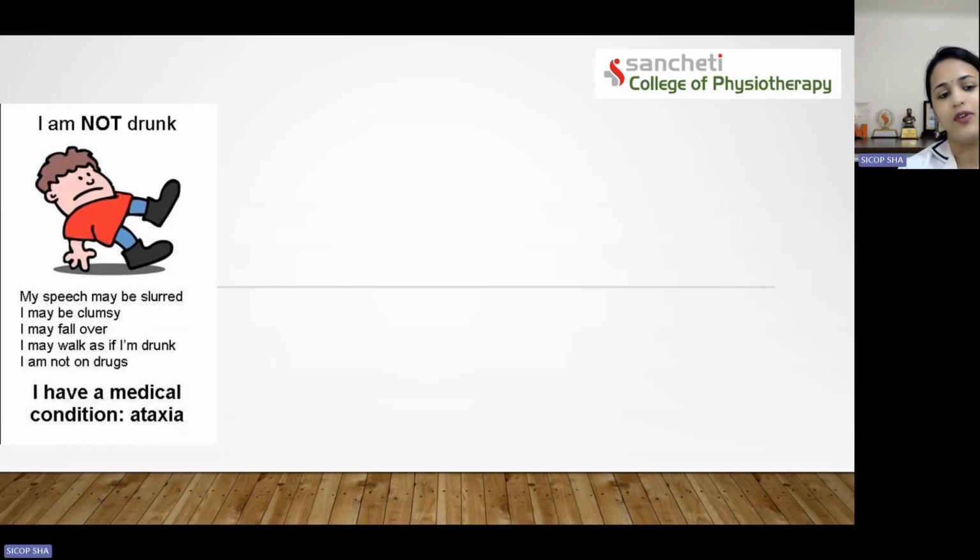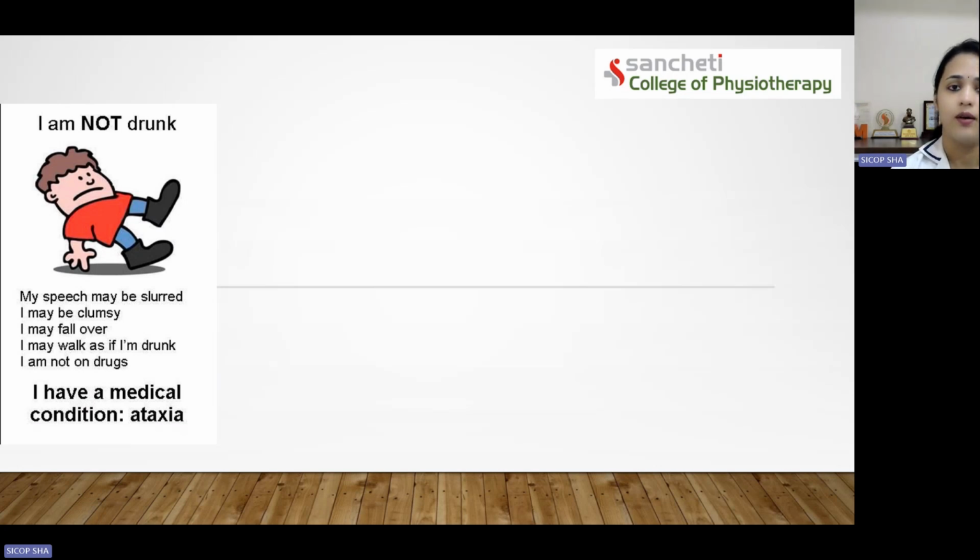For our help today, we have our friend who is diagnosed with a condition called ataxia. Now, why does this picture say that I'm not drunk? I have a medical condition called ataxia, because a person who has cerebral ataxia is going to show slurred speech, is going to be clumsy, is going to fall over and walk as if the person is drunk.